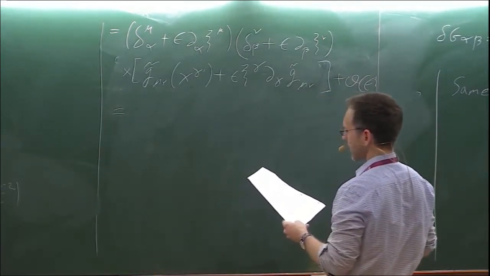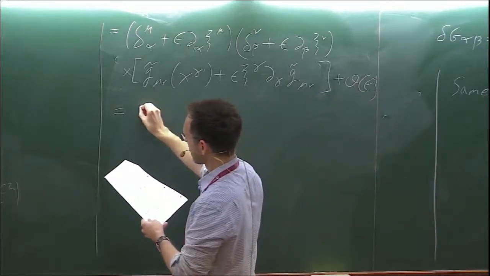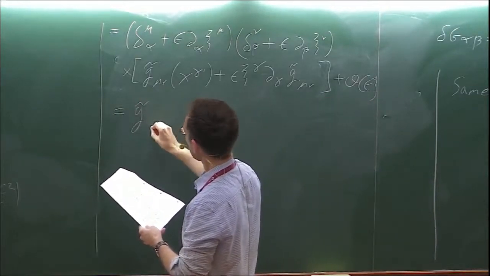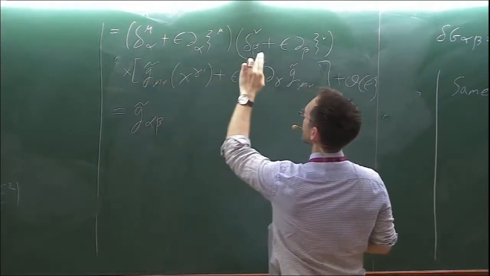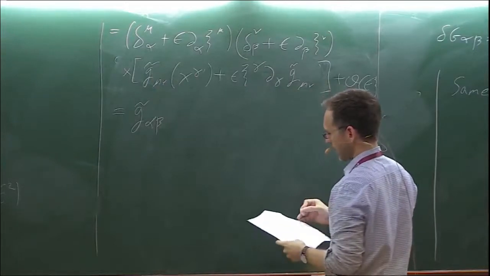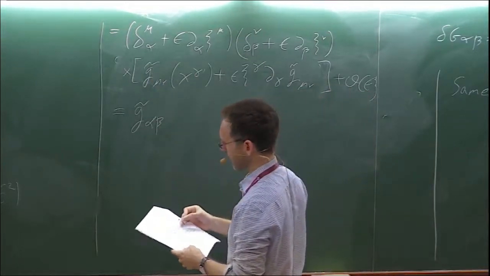Okay, so multiplying all this out, we get g tilde back, and this term here multiplies the two Kronecker deltas. We just have the original metric, but now as a function of x prime rather than of x.